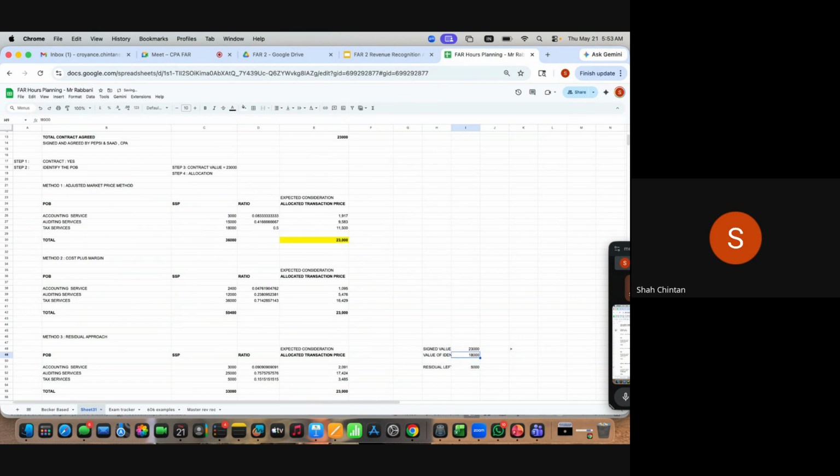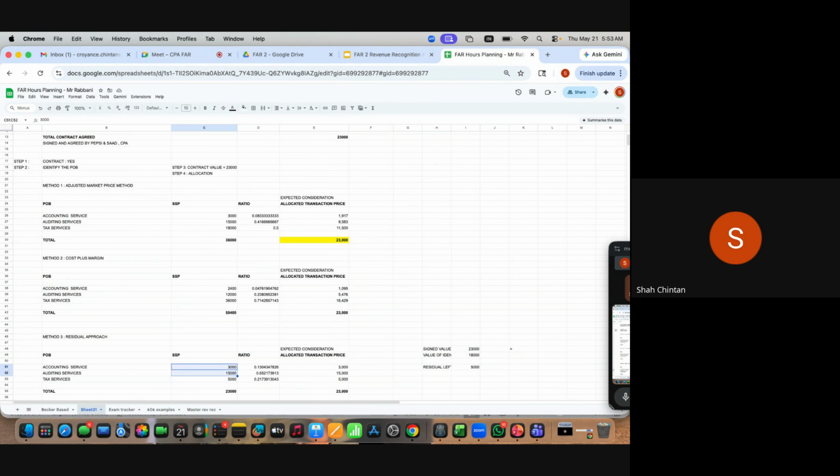So the conditions are: number one, you should have SSP for all the components except one item. In our example, we had SSP for accounting, we had SSP for auditing, and we just did not have an SSP for tax services. Number two, the signed contract value is more than the value of identifiable SSP.